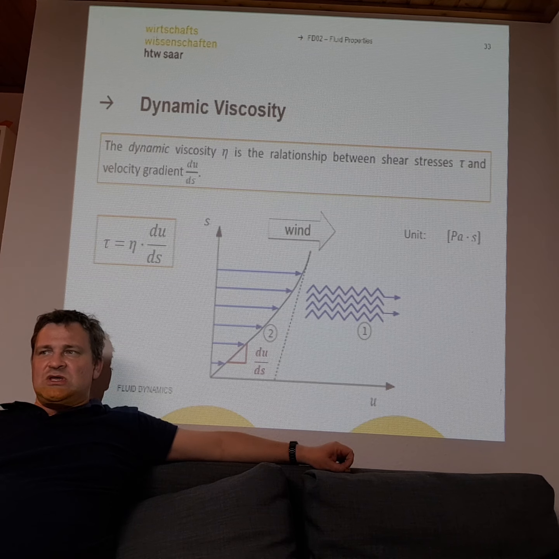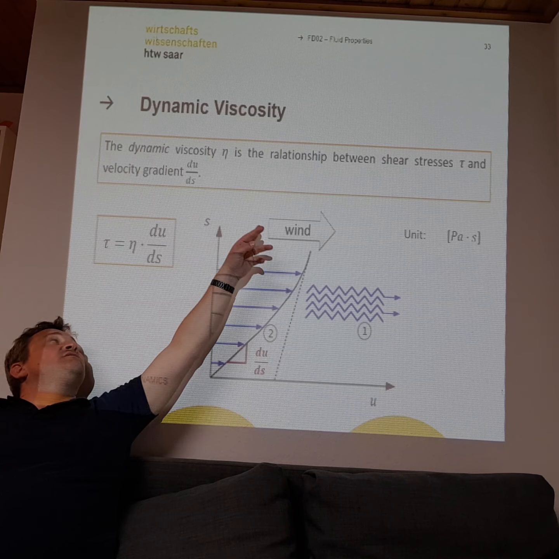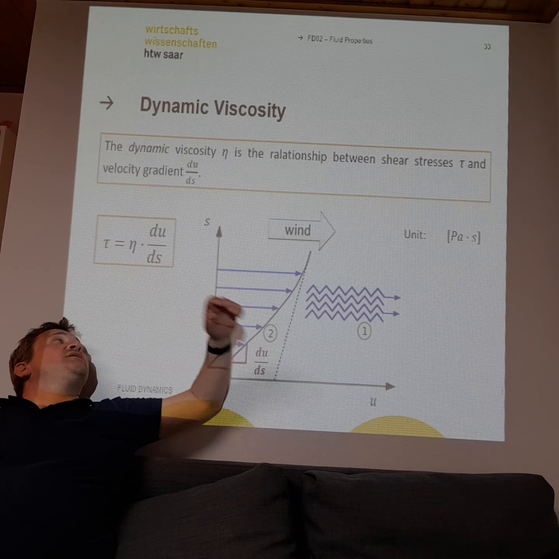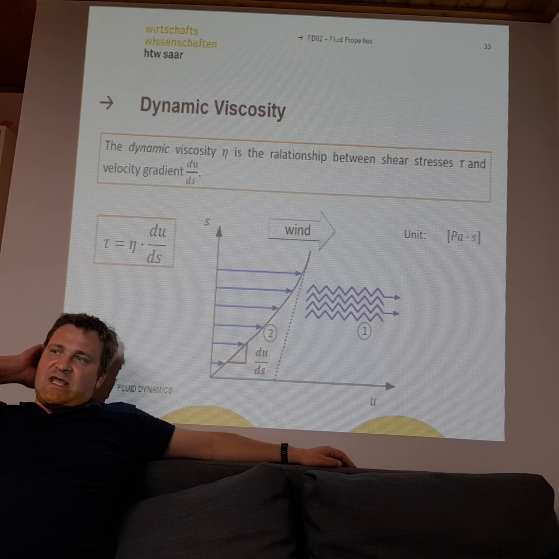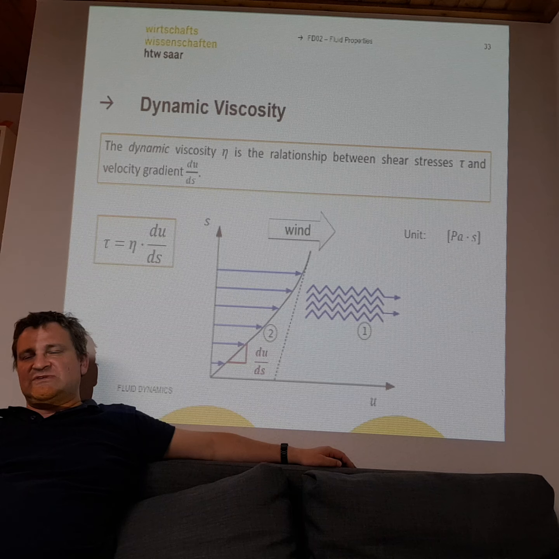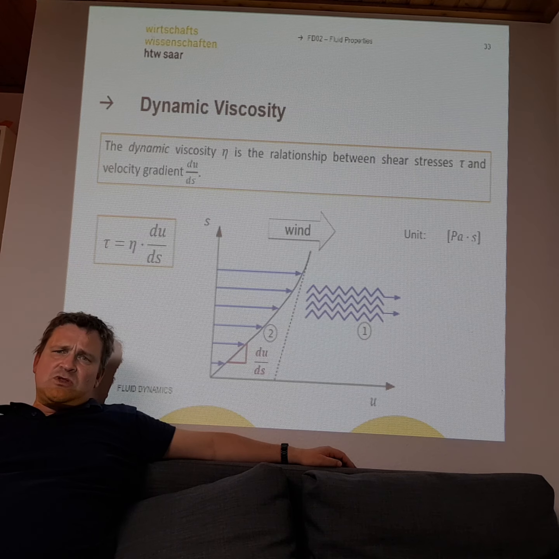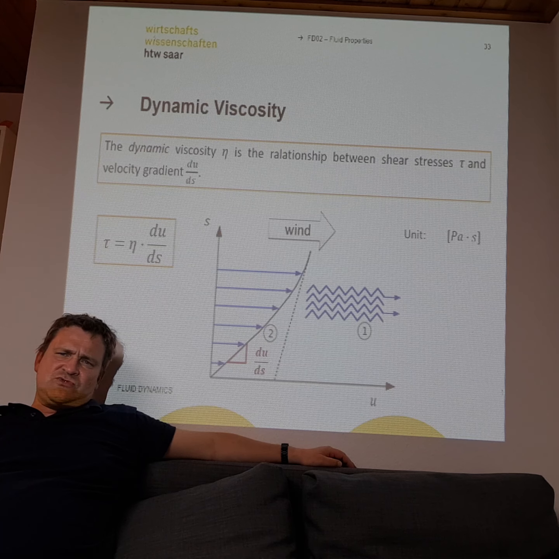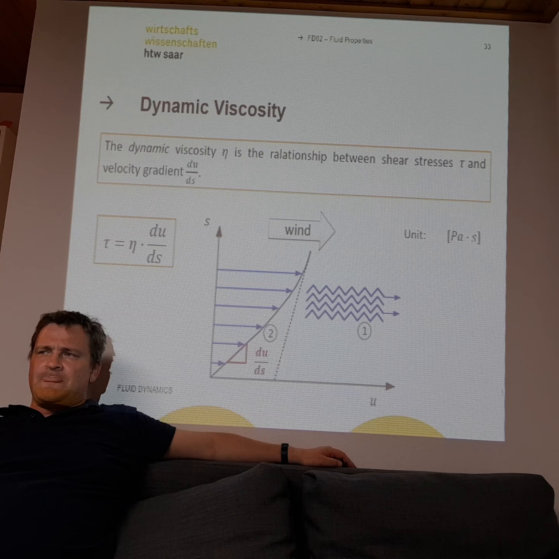So if we have a velocity gradient for high velocity, low velocity, and we multiply it with a dynamic viscosity, and we have a high viscosity, we get much more shear stresses inside the fluid. And if we have a really low viscosity like water or alcohol, we get low shear stresses inside the fluid.